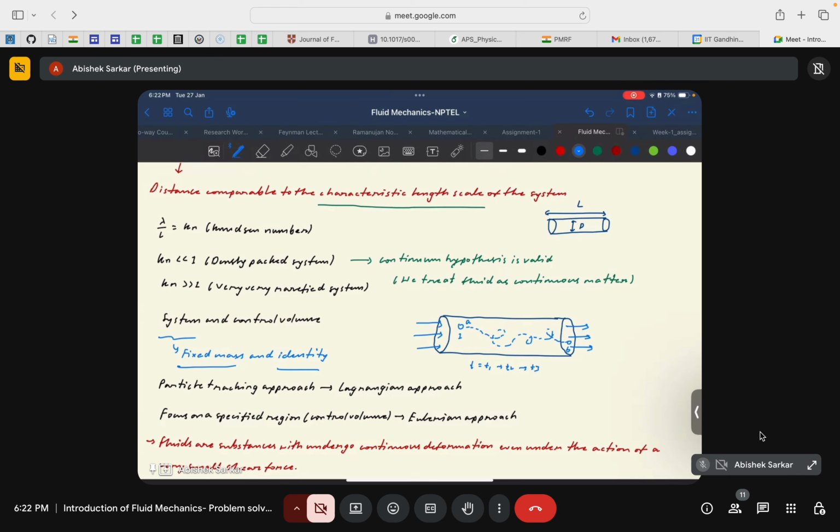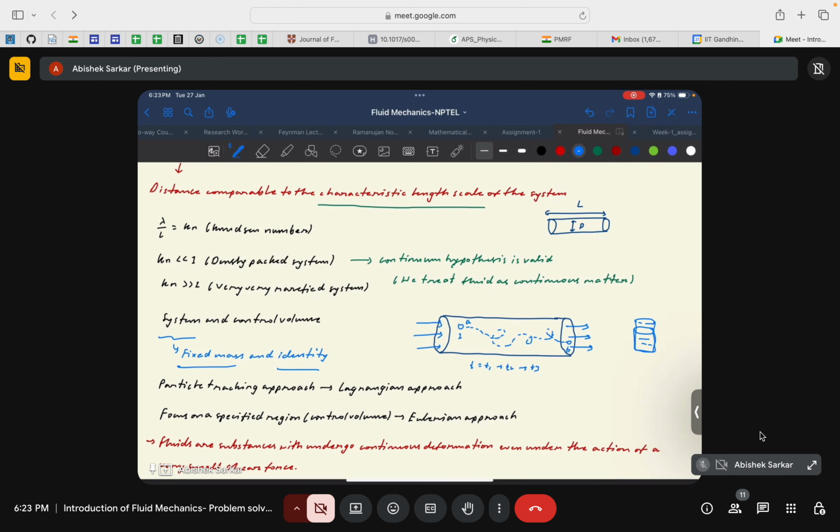Another example would be, say, there is a container here and there is a fluid inside the container. Even if you consider the entire bulk of the fluid here and try to analyze it, say I will give you another perspective, you are trying to do a thermodynamic analysis, like how temperature changes in this particular container of fluid.